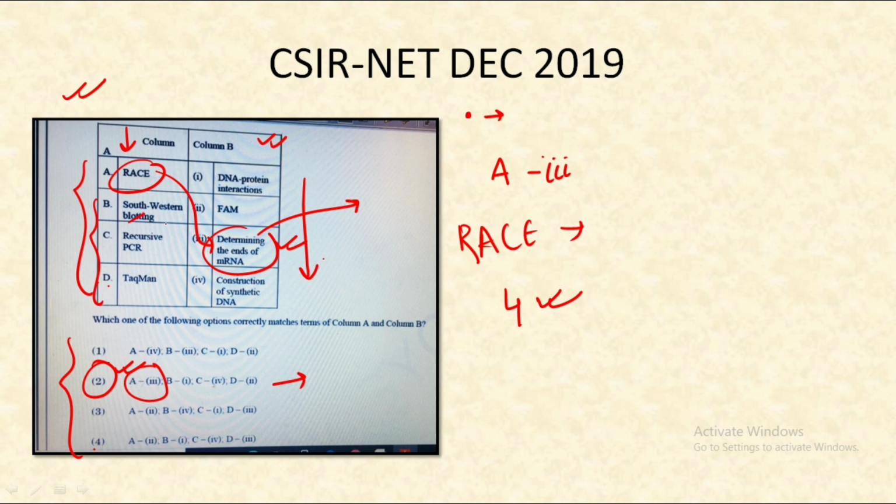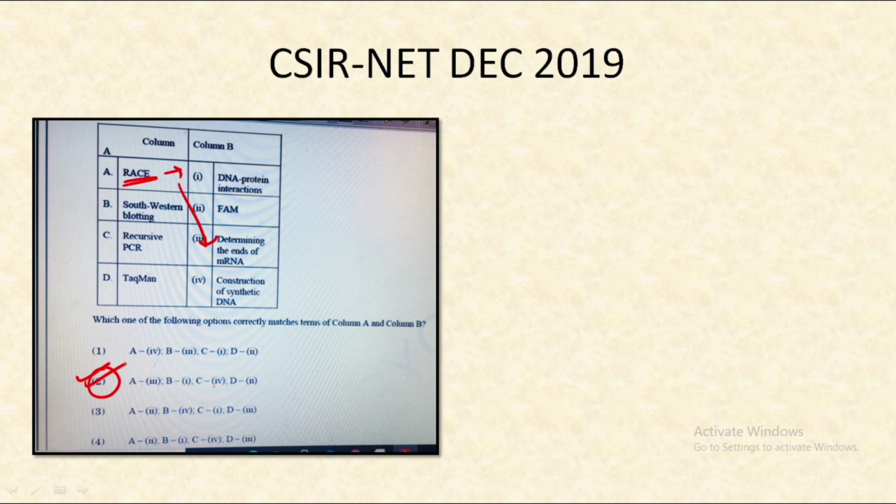So talking about the second technique that is given, which is southern western blotting, it is mainly used for the DNA and the protein interaction. Then we have recursive PCR, which is used for the construction of the synthetic DNAs, and the TaqMan is used for the FAM. So with this we have option 2 as the correct answer.